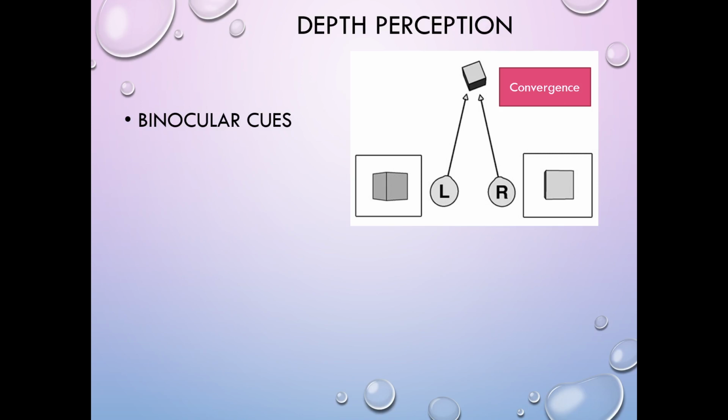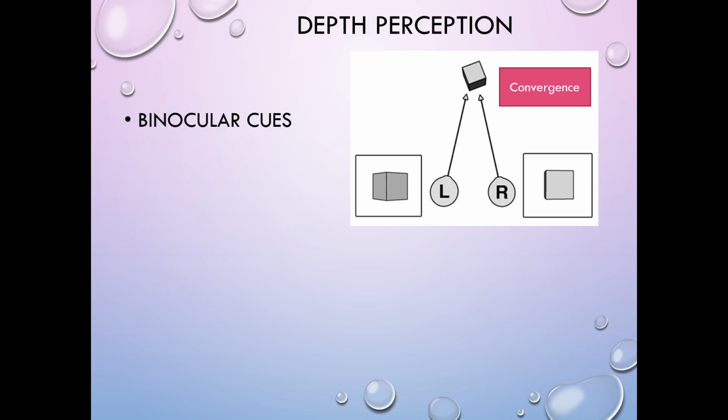It's a muscular clue to depth because there are muscles that rotate your eyeballs, and they send a message up to your brain to indicate how much the eyeballs are rotating towards each other and how much they're staying straight in the socket. So if there's a lot of muscle message being sent up, my eyes are rotating towards each other, and my brain is going to say that object must be close to your face. If the message is my eyes are pretty much straight in the socket, the brain's going to say it must be pretty far away.